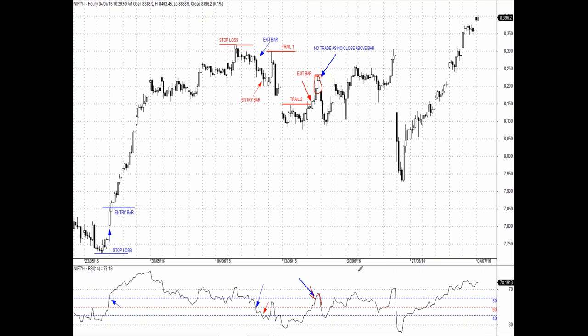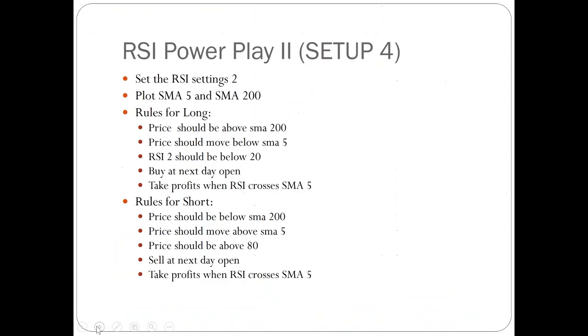All right. A simple technique, a day trading technique. You can use it on hourly charts. A simple day trading technique. No rocket science.